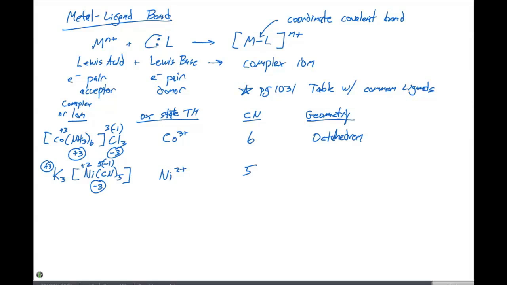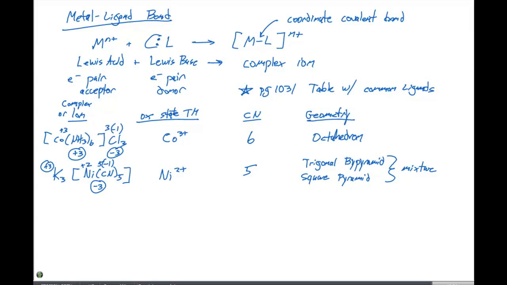And the geometry can take one of 2 geometries. It could be a trigonal bipyramid, or it could be a square pyramid. And in transition metal complexes, we cannot distinguish between these 2 geometries. So typically what we're going to observe is a mixture of each of these.